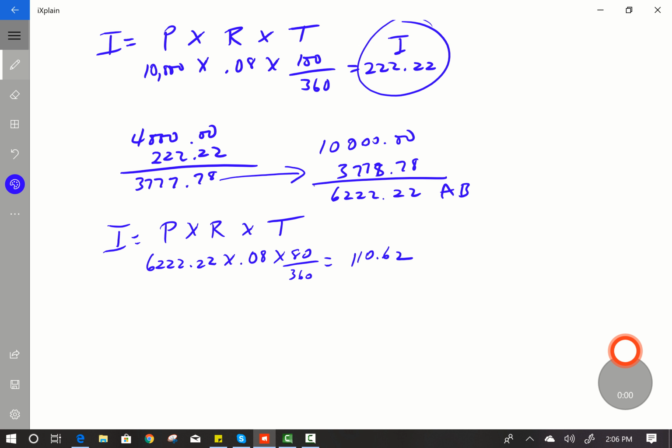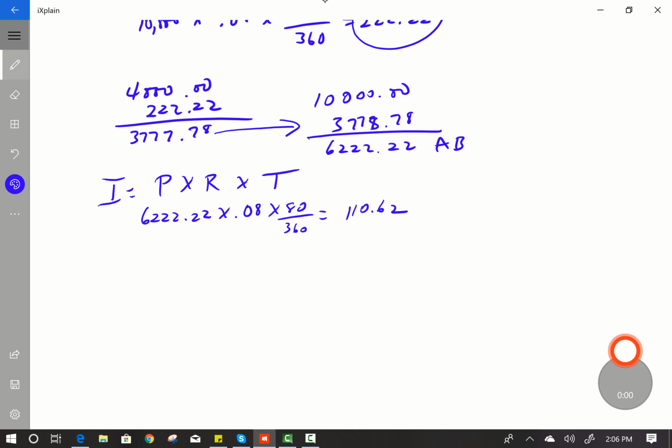Then I'm going to subtract the $110.62 from the partial payment of $2,000. And I'm going to credit this customer's account for making that partial payment for $1,889.38.